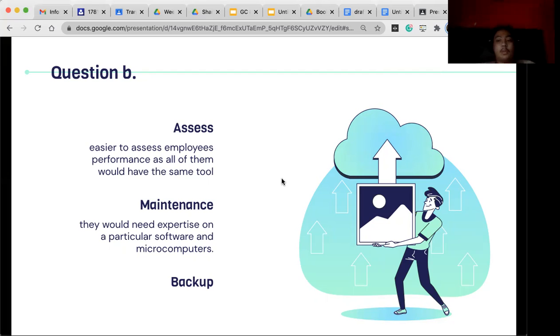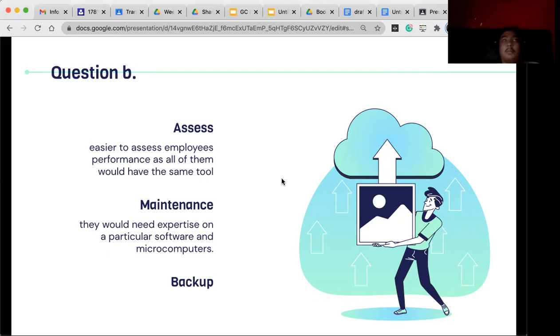So the performance assessment would be easier, and then the maintenance, they would only need expertise that can maintain the same microcomputer, and some particular software.